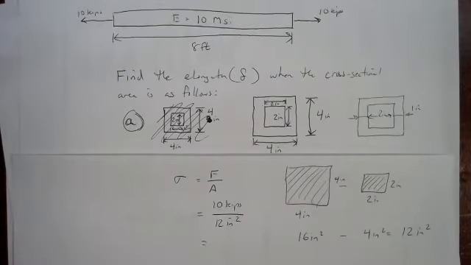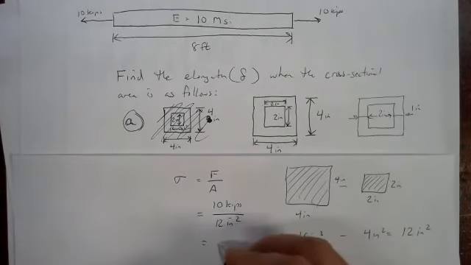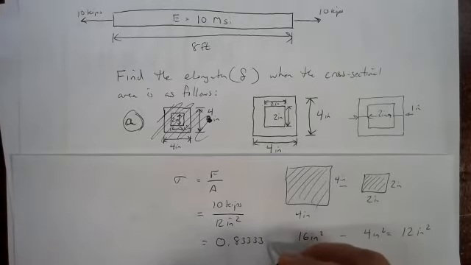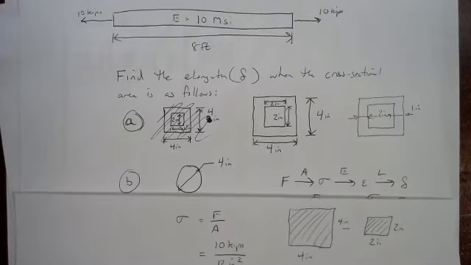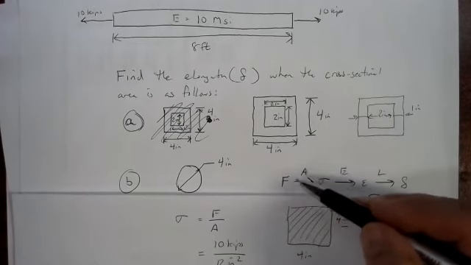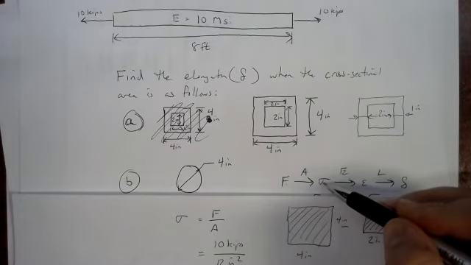So we've got 10 kips and 12 square inches. That's going to give me a stress of 0.83333 kips per square inch, or KSI. So that's the first step in our chain here. We've used the area and the force to get the stress.